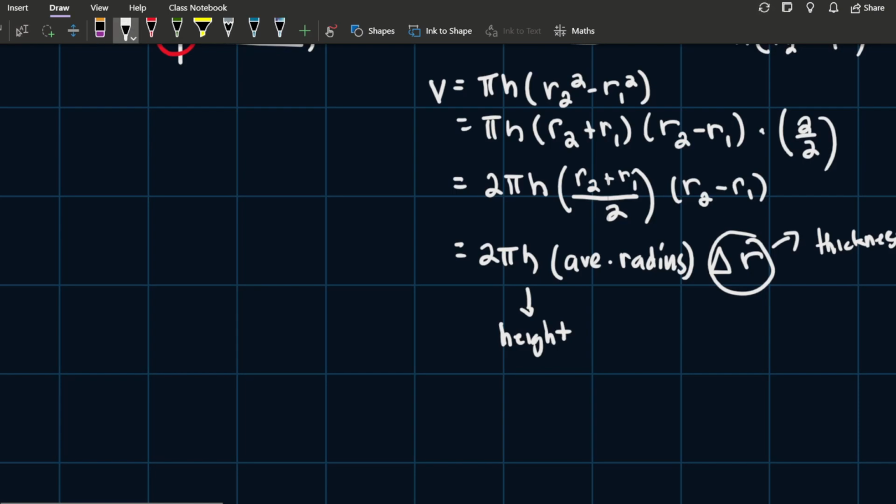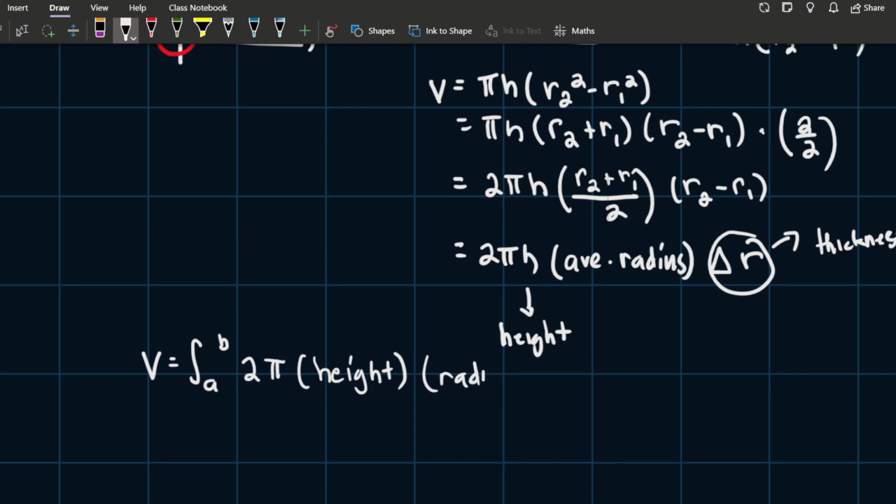So, in getting the volume, what we need is the definite integral from a to b ng 2 pi times height times radius times thickness. Okay, yung thickness, it's normally yung delta times yung variable natin.